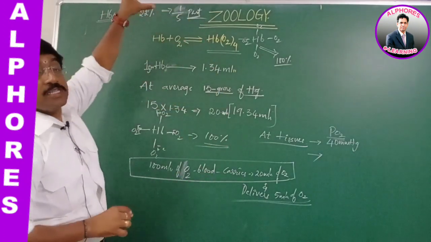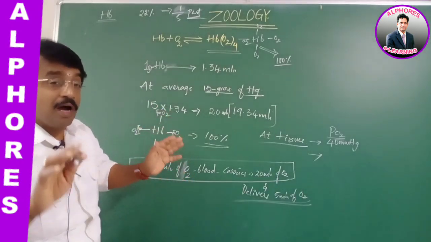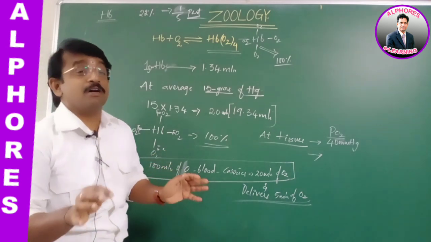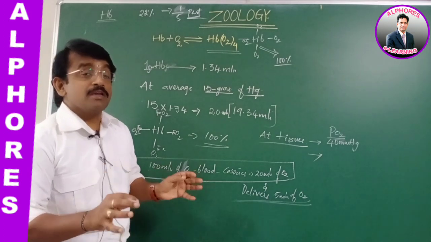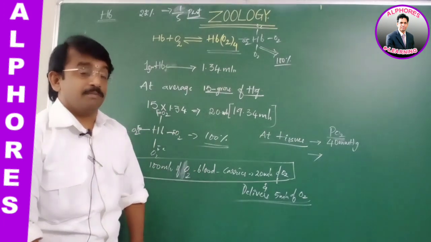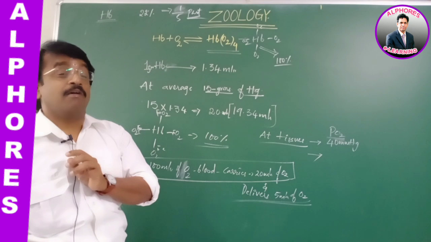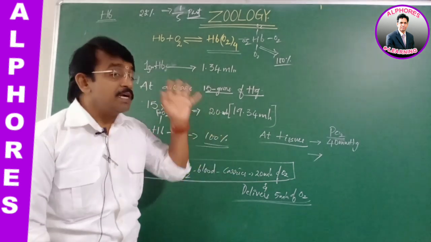So, how much is it carrying? Generally, normal tissues will have 4 by 5th portion of the oxygen retained. At normal tissues, the blood capillaries are left with a 4 by 5th part. Almost 75%. That's the saturation of hemoglobin at tissues in the capillaries, 75%.